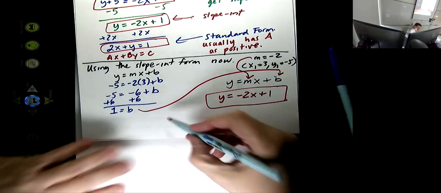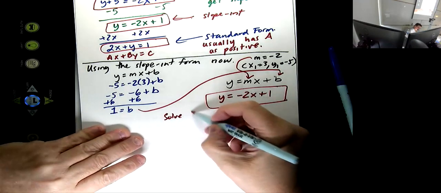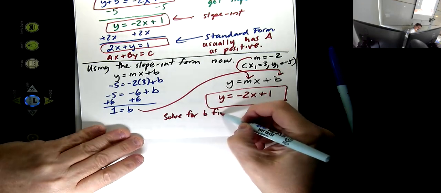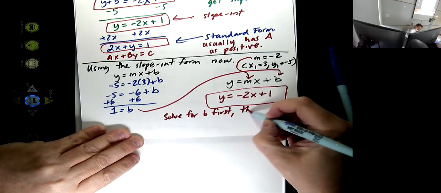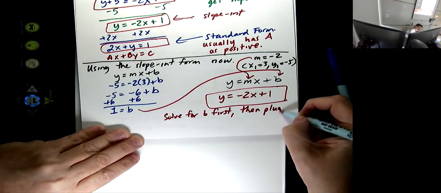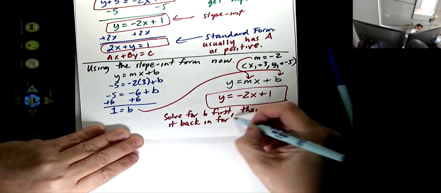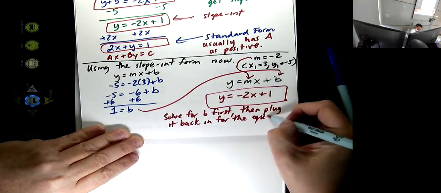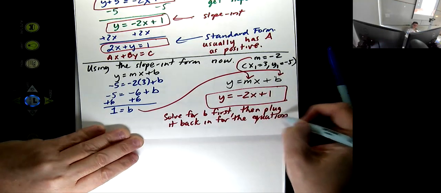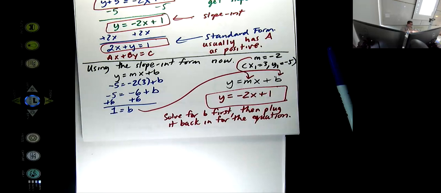So in this one, you have to solve for b first, then plug it back in. Both methods will get you the answer though.